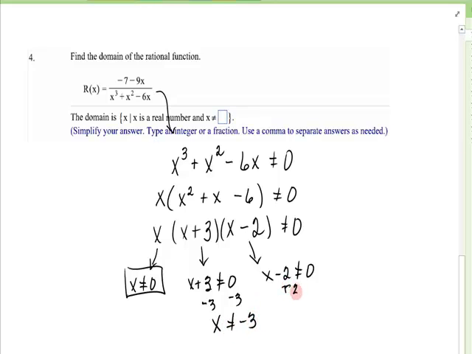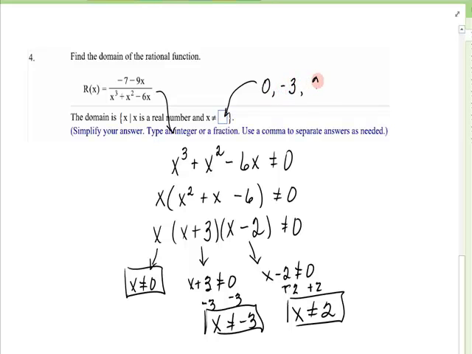Add 2. X cannot be 2. As far as answering it, in the box, it says use a comma to separate answers as needed. You would put in 0, negative 3, and 2, and it does not matter about the order.